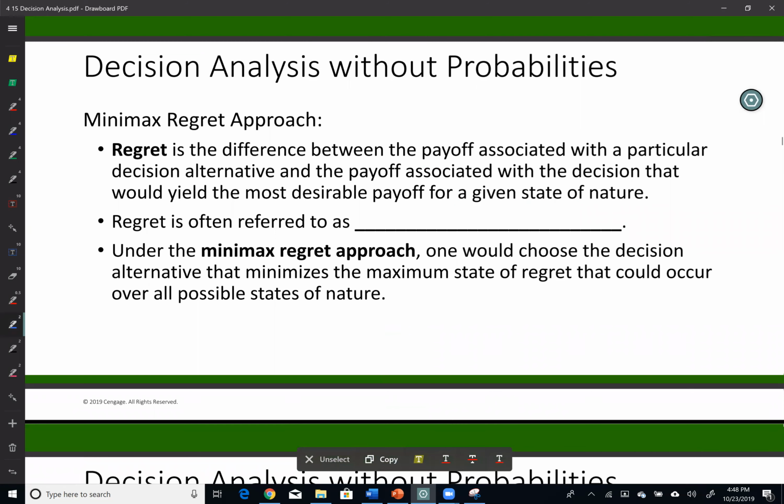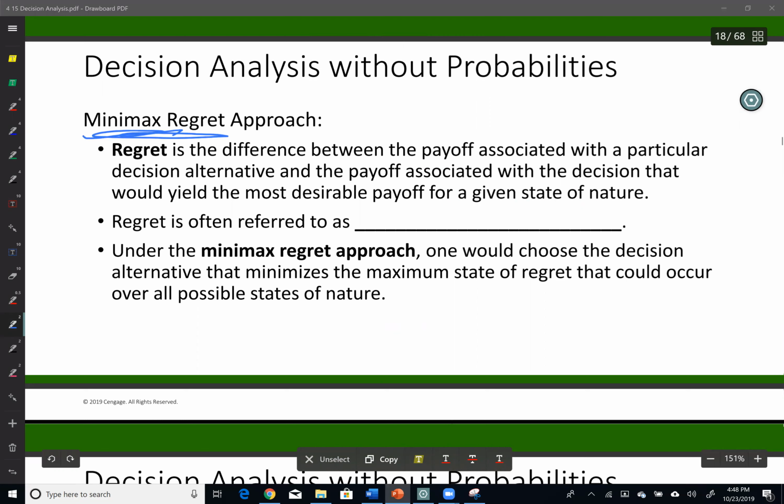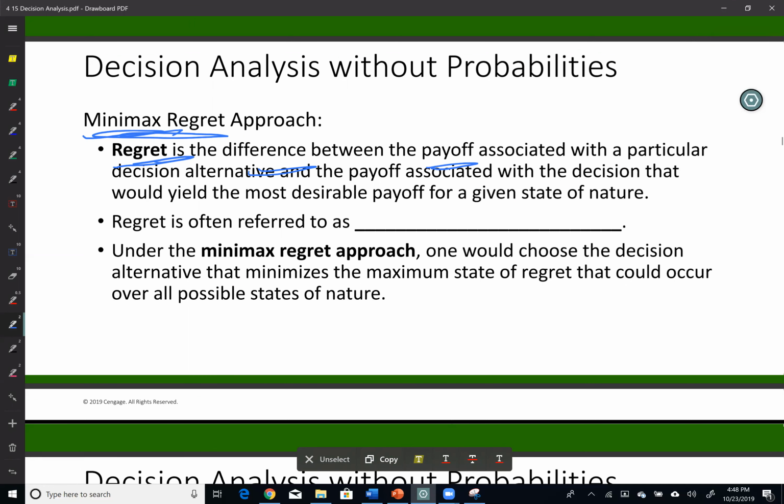So another approach I would like to cover is MiniMax regret approach. Basically, I would like to minimize the regret. And regret is defined to be the difference between the payoff associated with my decision versus payoff that would yield the most desirable payoff for a given state of nature. So how much regret would I have? Another terminology for this is opportunity loss.